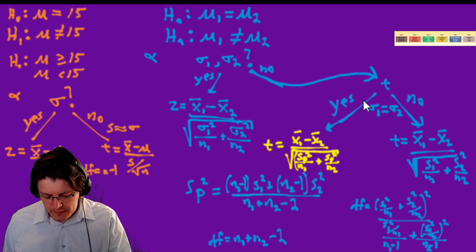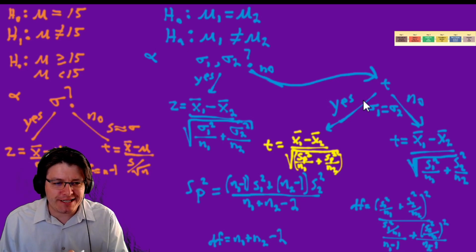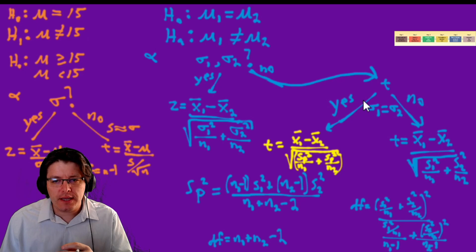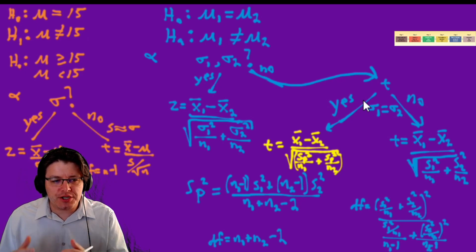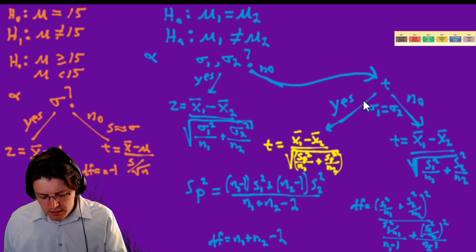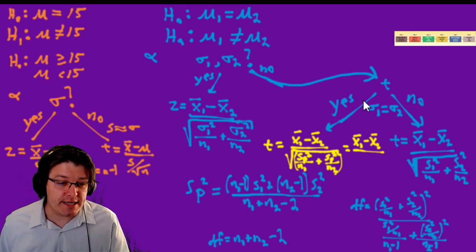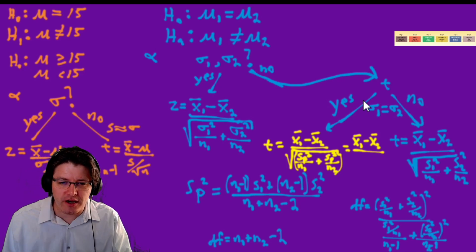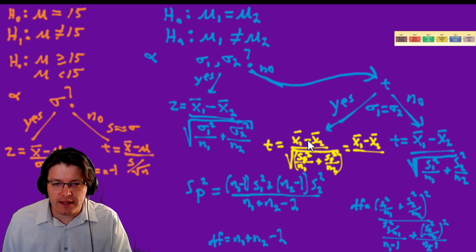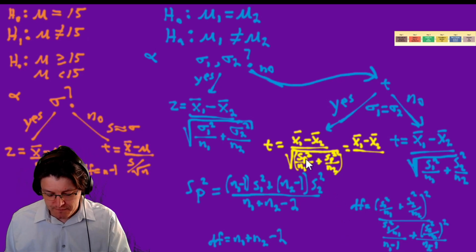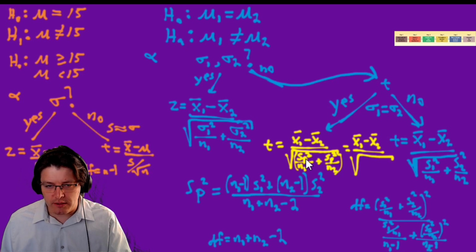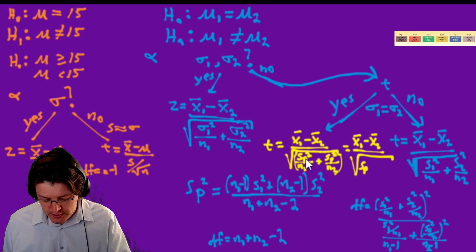So we're plugging in that s_p, that pooled variance, in place of each sigma. Now the book has it written as follows, which is fine. I just think it's a little clearer when we put it in terms of this, that we're really plugging in that pooled version. When you work with it, it's fine to have it this way, so s_p squared, we're just factoring out that s_p.